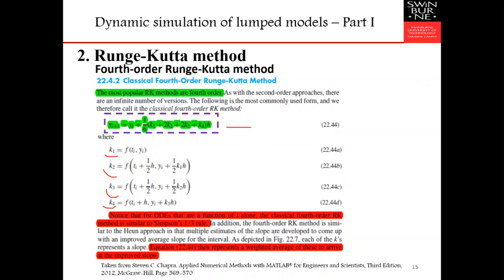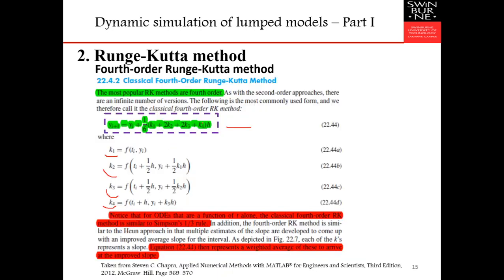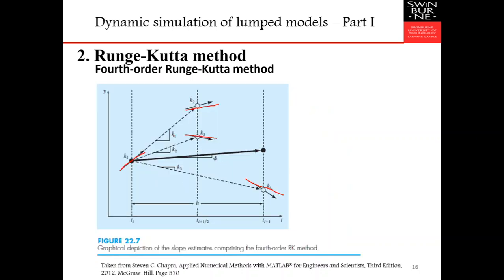Equation 22.44 basically represents a weighted average of the slope. As you can see in here, K1 is represented by this slope, K2 by this slope, K3 by this slope, and K4 by this slope. And then the formula in here is basically the average of these slopes.